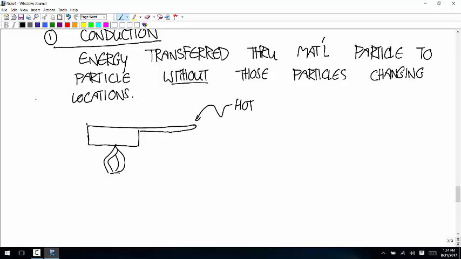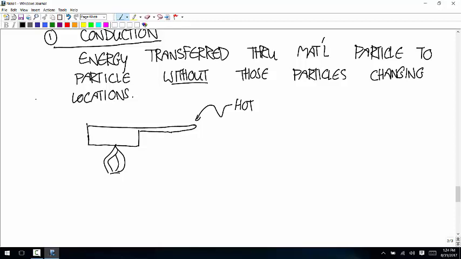None of the atoms in the iron are moving from here to here, but you get vibrations in the atoms here. You cause the things next to it to vibrate, and that energy is transferred out here, raising the temperature.